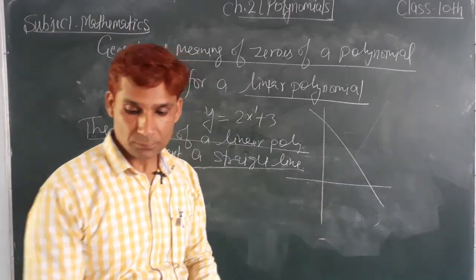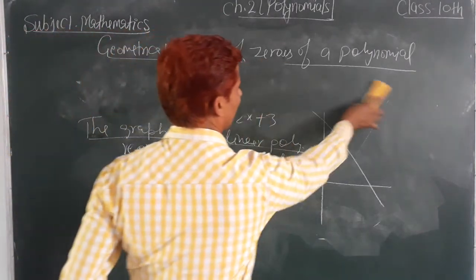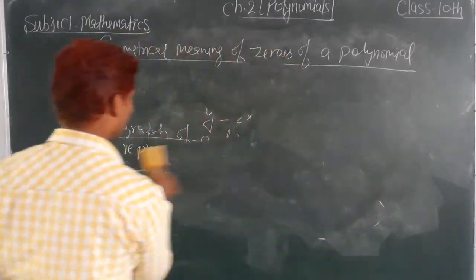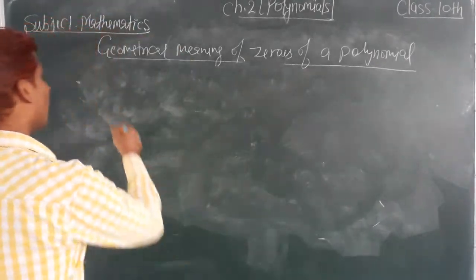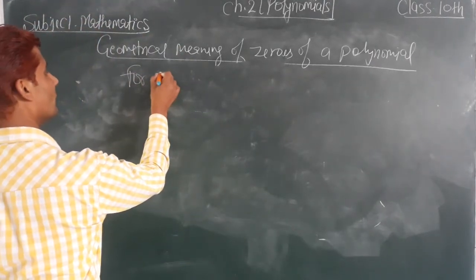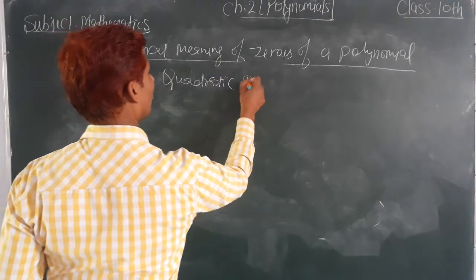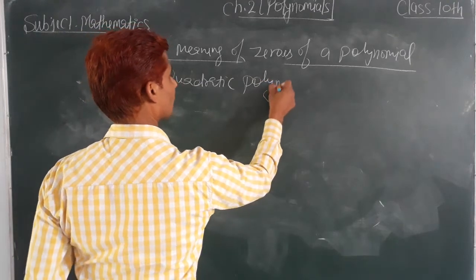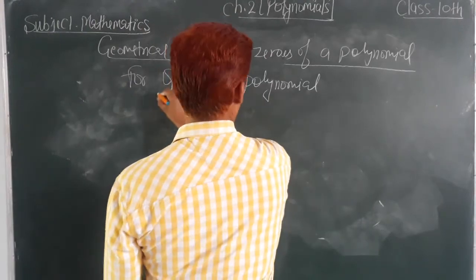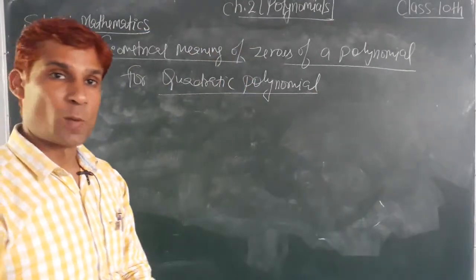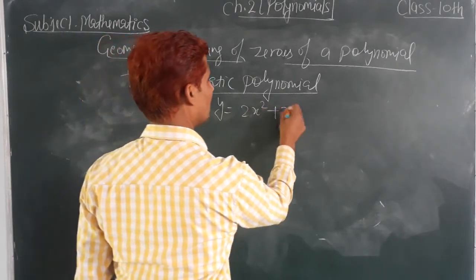Okay, now the second is the quadratic polynomial. What does quadratic polynomial mean? How can we draw the graph of the quadratic polynomial? For a quadratic polynomial, suppose an equation is given: 2x square plus 3x plus 4.